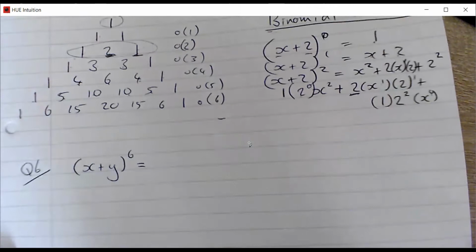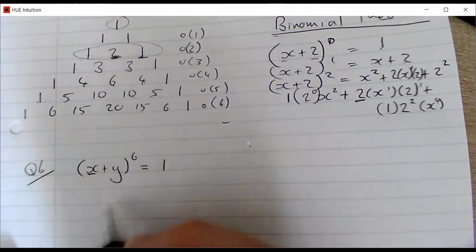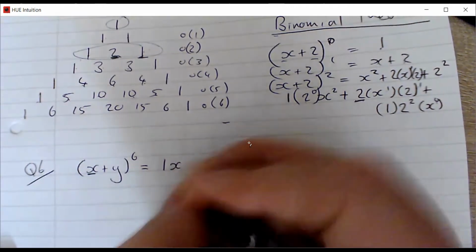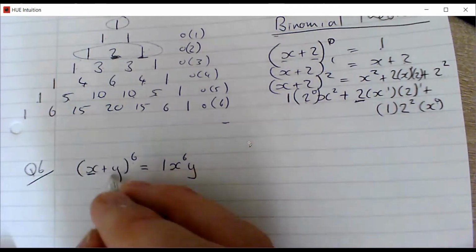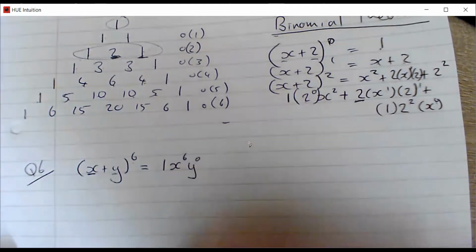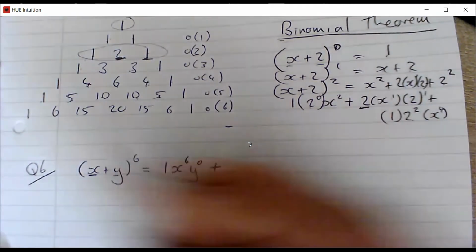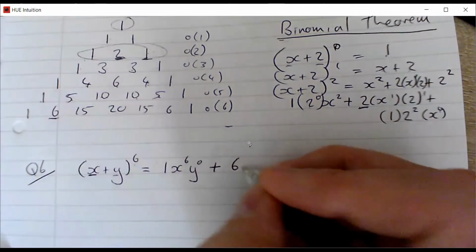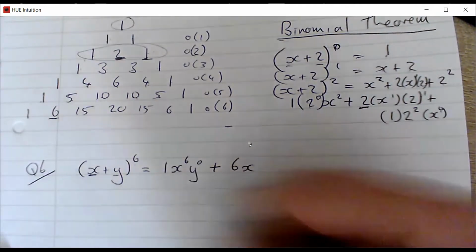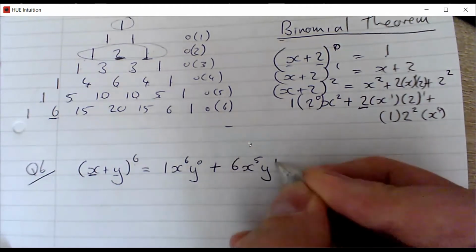So we know that we're going to have 1, and then our first term in our binomial is x to its highest power 6, multiplied by y, the second term, to its lowest power, 0. That's the first term. Plus our second term is 6 multiplied by x. So you're descending. That was x to the 6. This is x to the 5 and y to the power of 1.